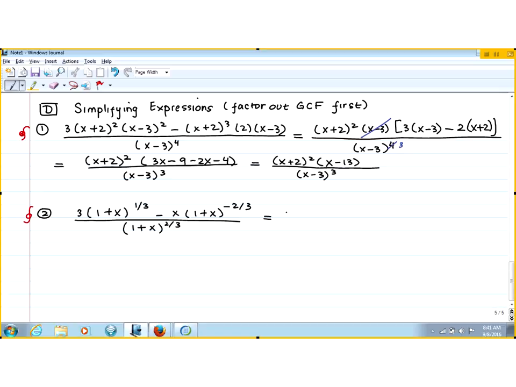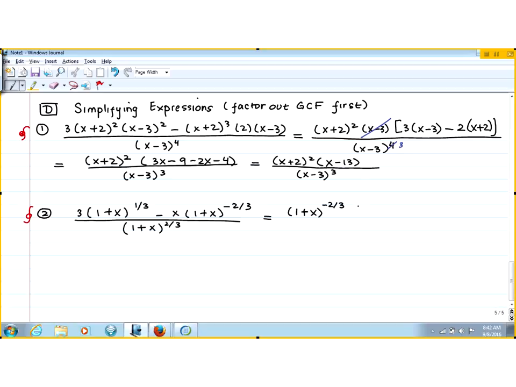Okay, so how do we do number 2? Any common factor? (1 plus x). Now, which exponent do I choose? Which one is smaller? Negative 2/3. Yes, you have exponents 1/3 and negative 2/3.